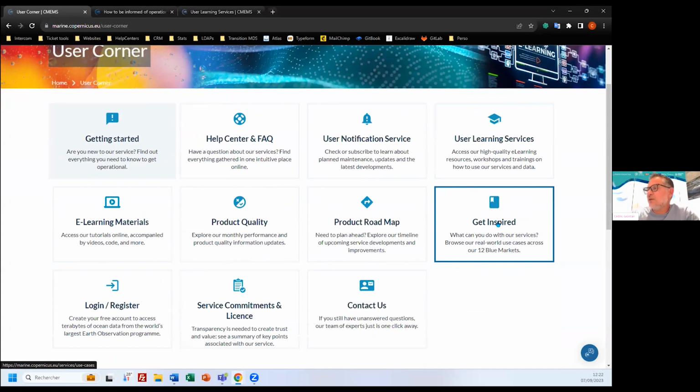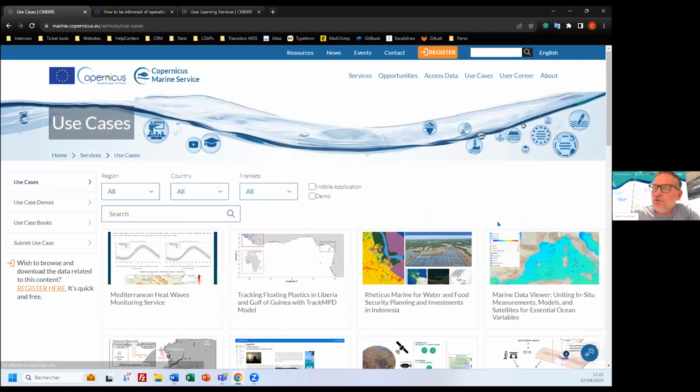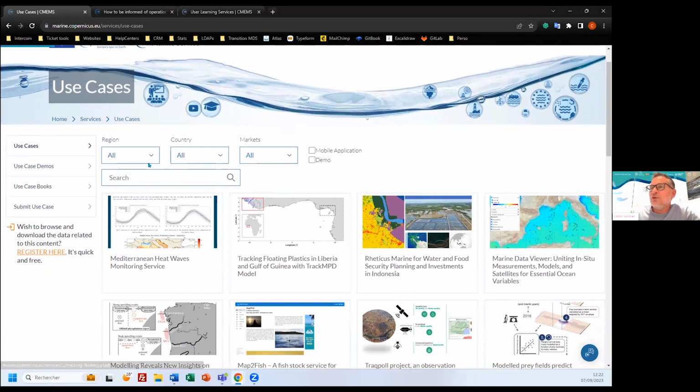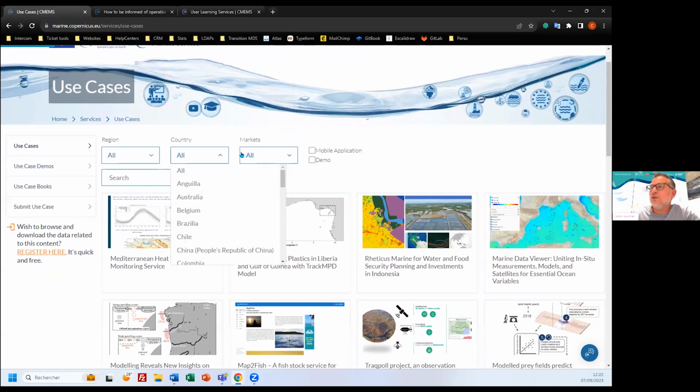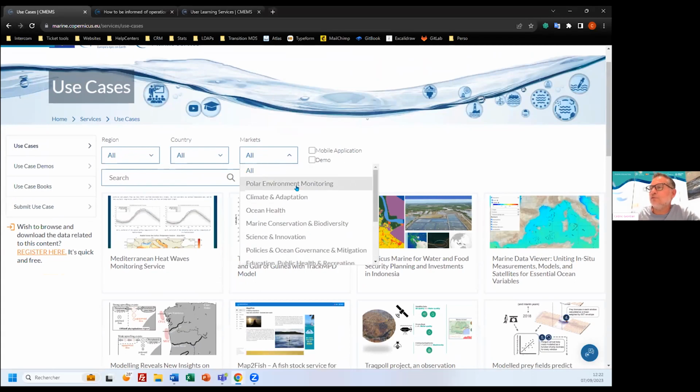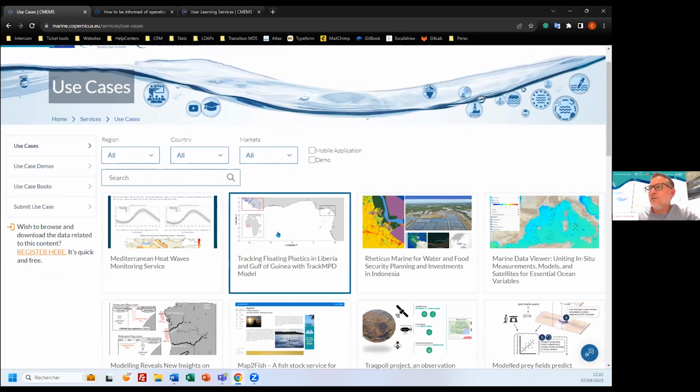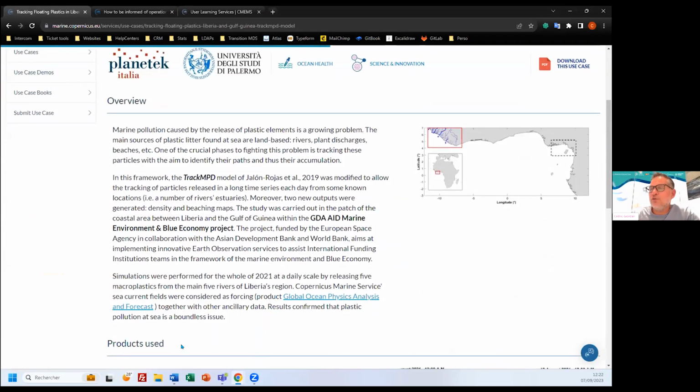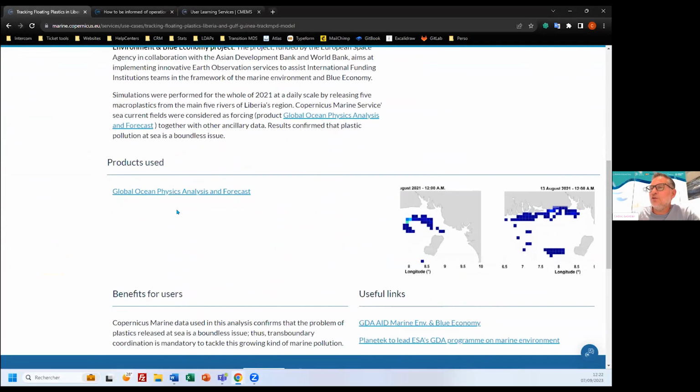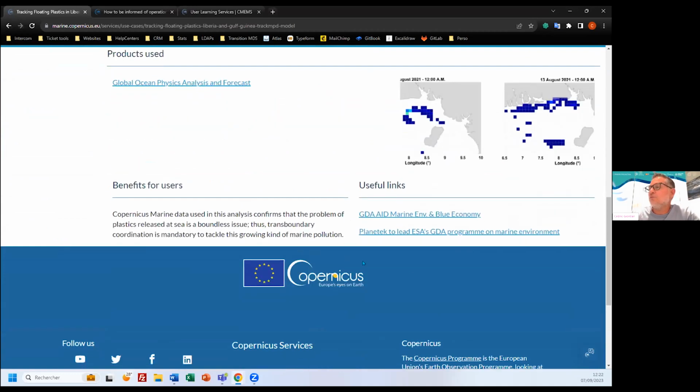The next box is Get Inspired. So here you will find all the use cases, the examples of application with our data as presented before by Luke and Andrea. So you can sort by region, country, market, one of the 12 blue markets, and you click on the icon and you have a description of the application, the product used, and useful links on the application.